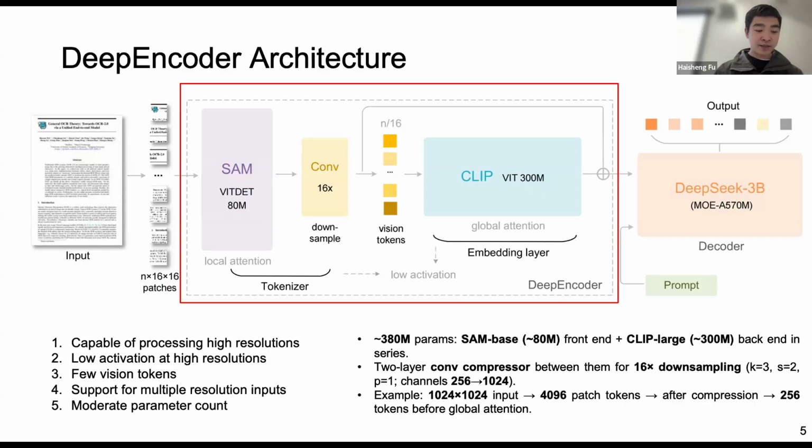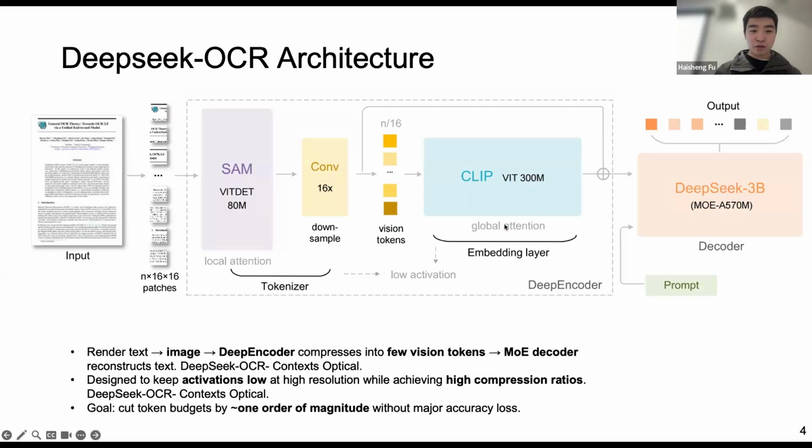Only a small subset of experts is activated for each generated token. It keeps the compute practical while preserving capacity. The decoder consumes the image tokens from the deep encoder and the prompt the user provided.